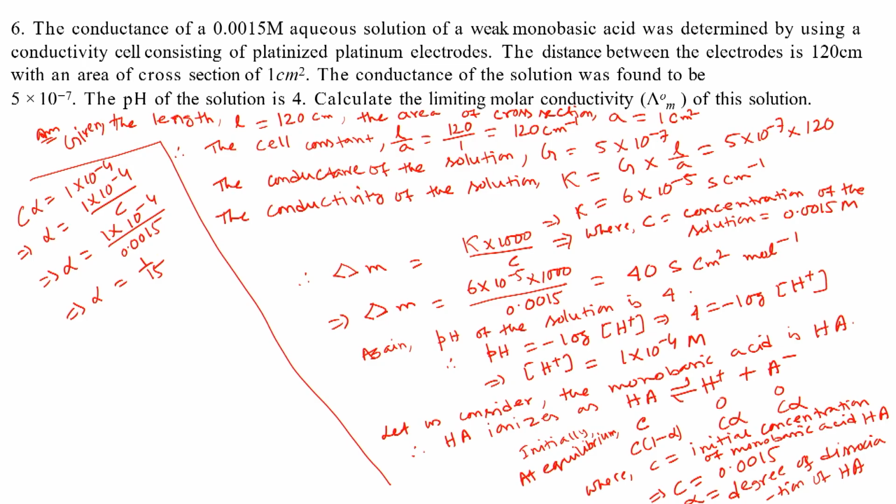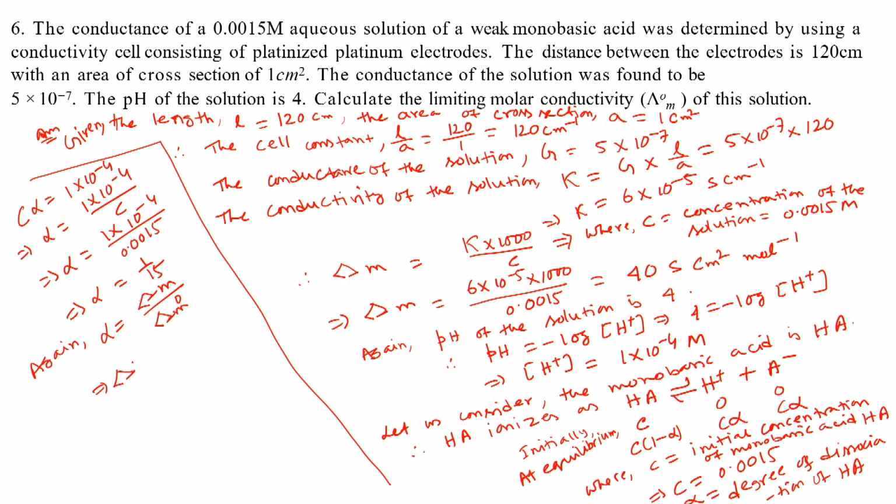Okay, so, we need to calculate limiting molar conductivity, lambda m naught. In order to calculate lambda m naught we need alpha, and alpha we know. Alpha is lambda m by lambda m naught. So, lambda m naught we need to calculate.